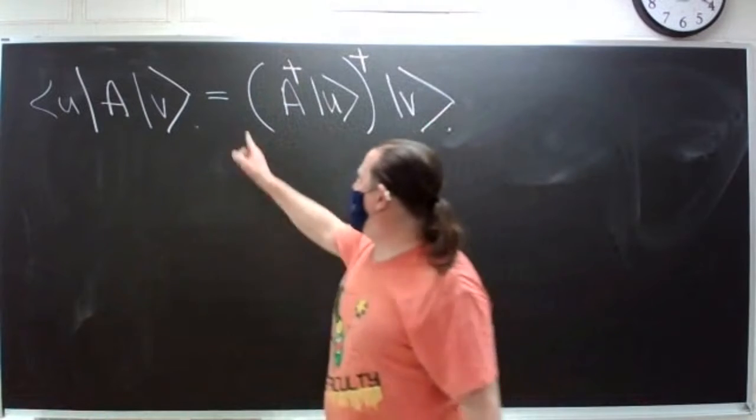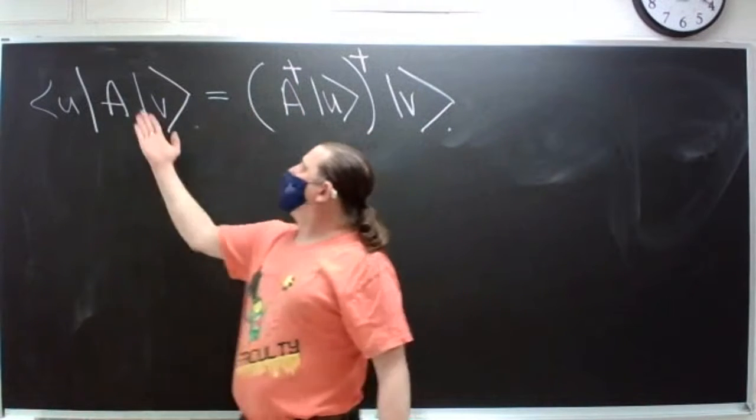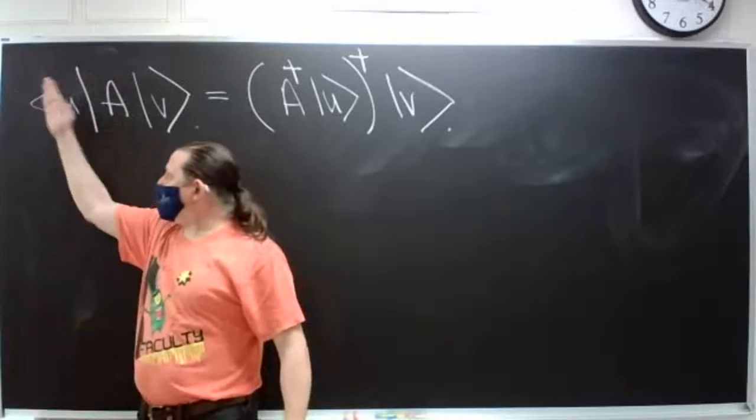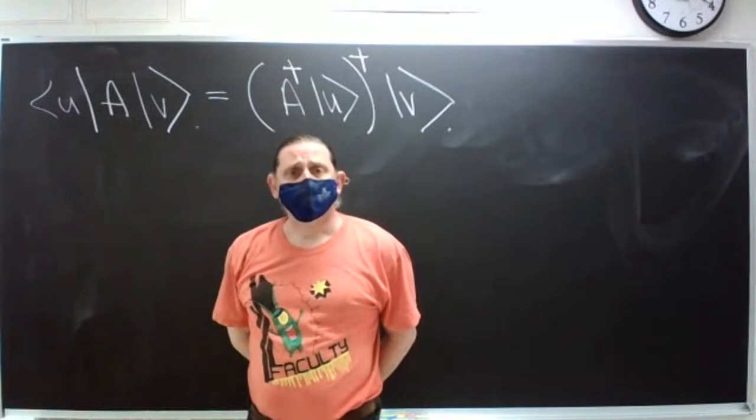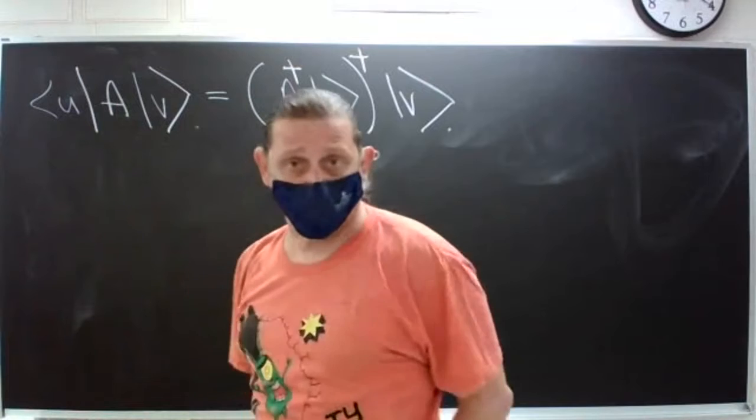It's like A dagger is the operator that does the same thing as A would do acting backwards. It takes a minute to digest what's going on here.